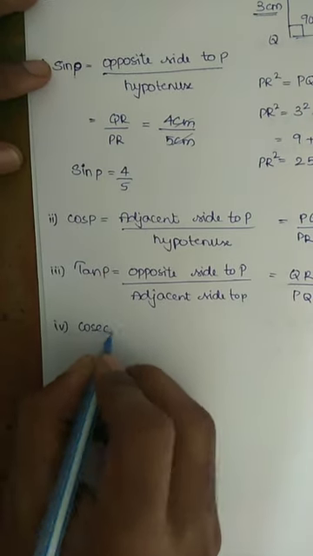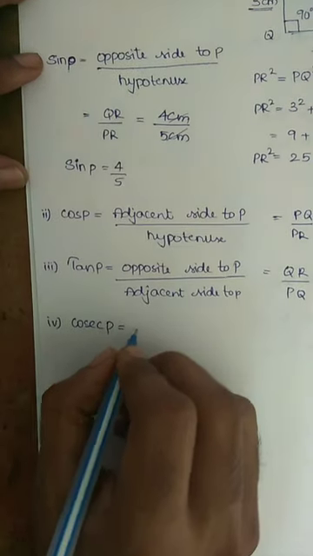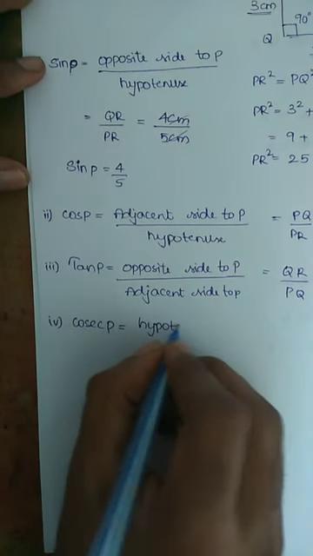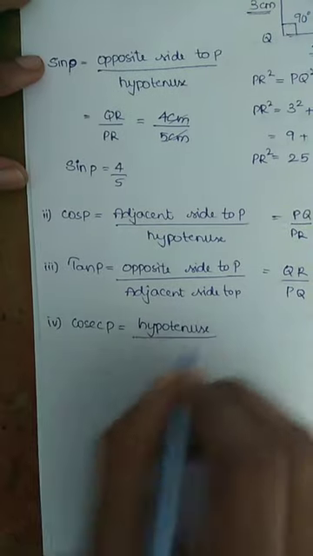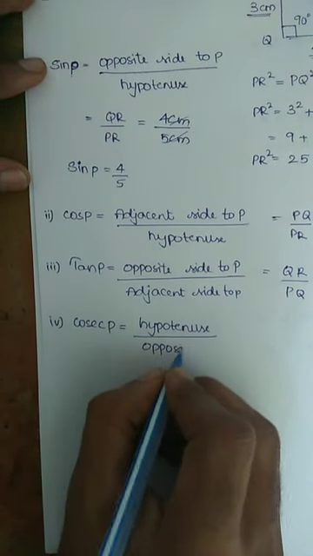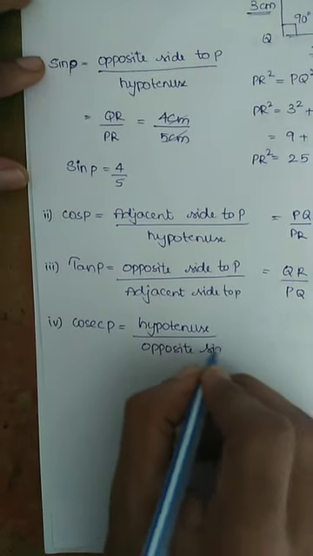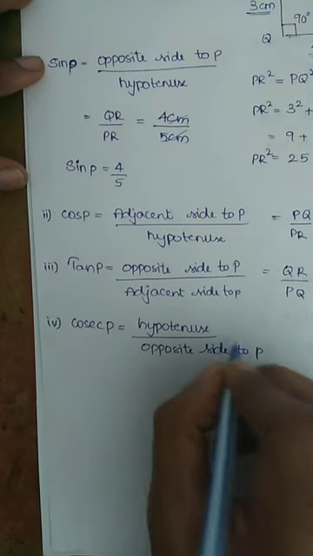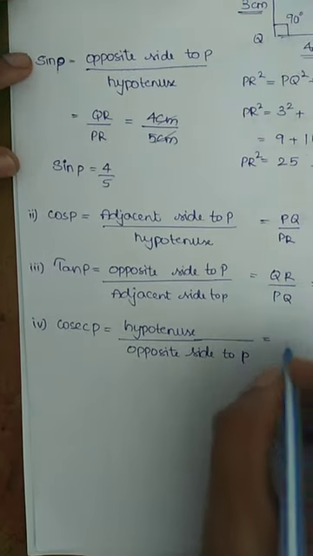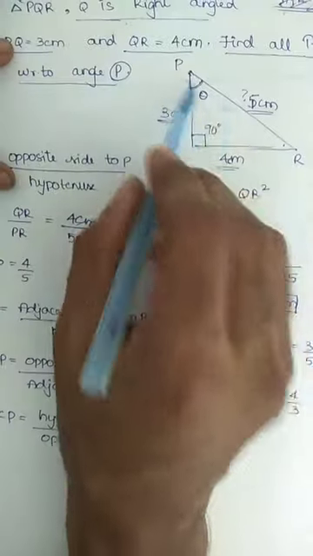Cosecant P. What is cosecant P? Hypotenuse by opposite side to P. What is the hypotenuse here? Hypotenuse is PR.